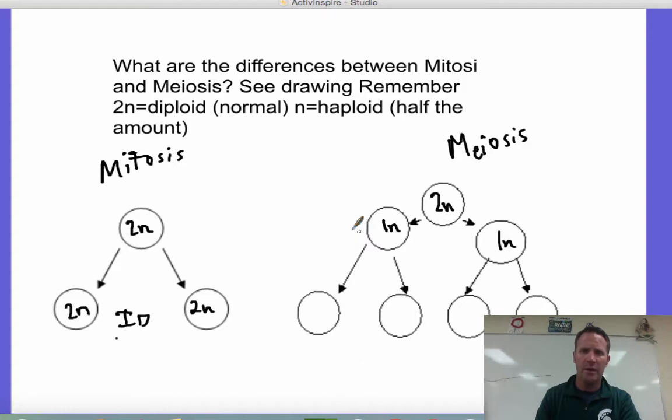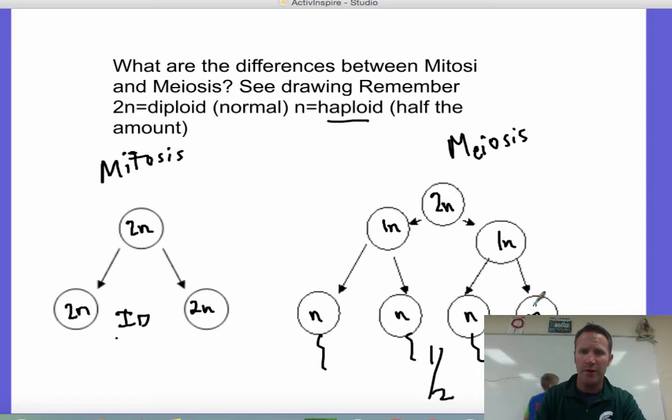And then they go through that second stage and they split all apart, and you take the sticks apart and they continue to be N haploid cells. So these are all haploid. They all have half the genetic material, and these are sperm or eggs. Okay? And so they are genetically different from each other and genetically different from their parent, whereas these are the same identical cells.